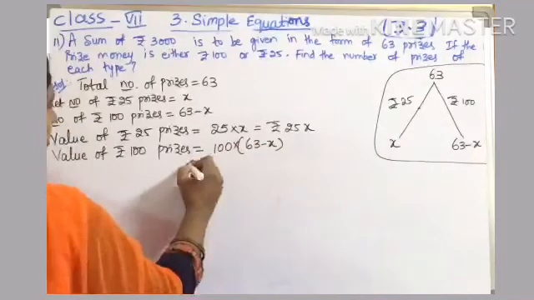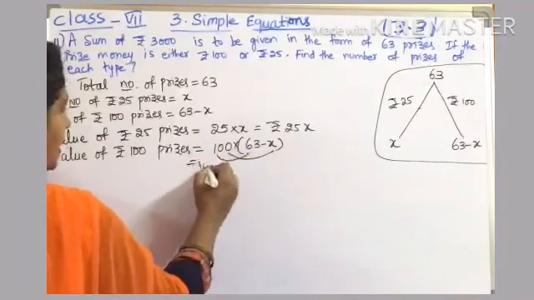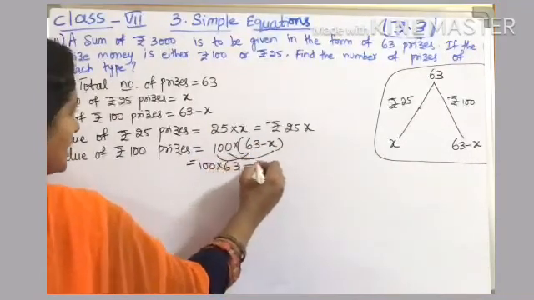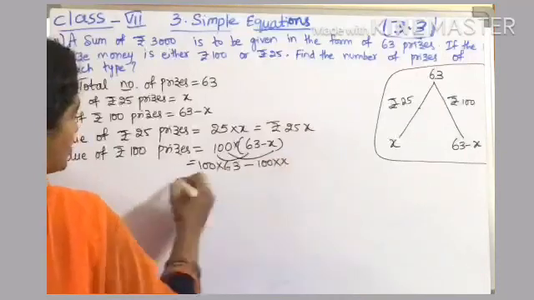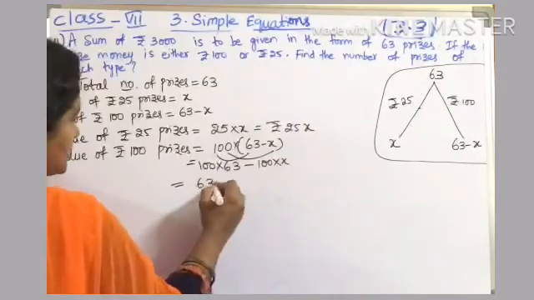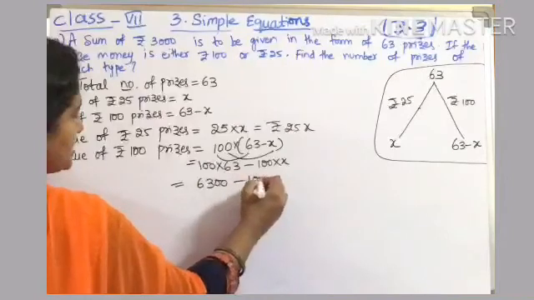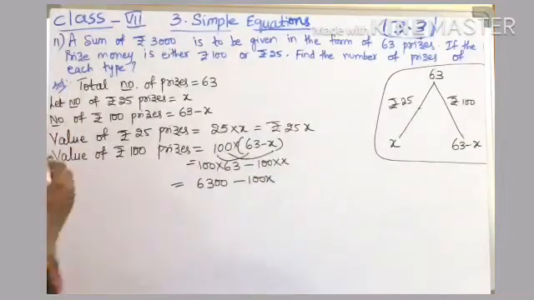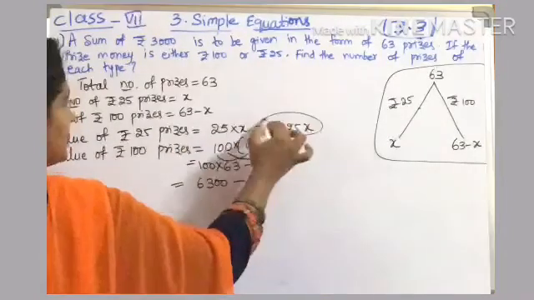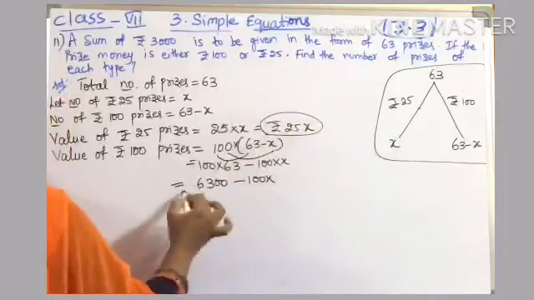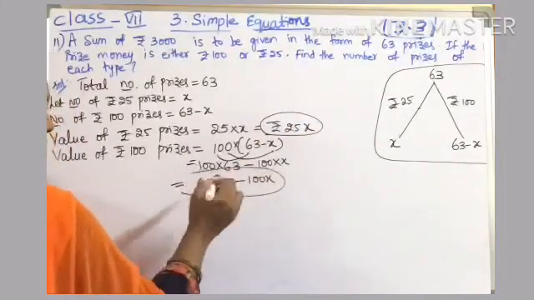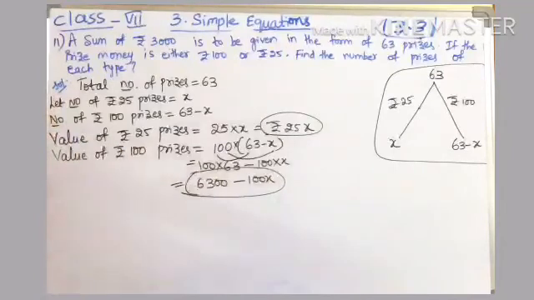So by the distributive property, 100 into 63 minus 100 into X, 100 into 63 is how much? 6300 minus 100X. So you got the value of 25 rupees prizes as 25X and the value of 100 rupees prizes as 6300 minus 100X.